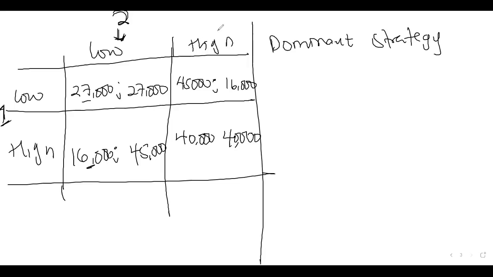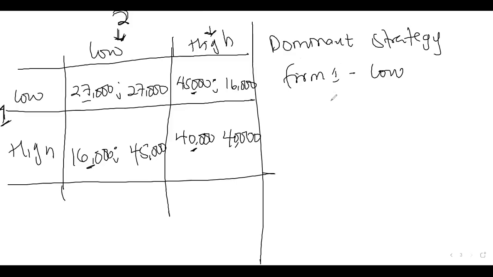Now, if firm two plays high, okay, the best response for firm one is still to play low because 45,000 is better than 40,000, all right? So here, no matter what firm two plays, firm one is better off playing low. So the dominant strategy for firm one is to play low.